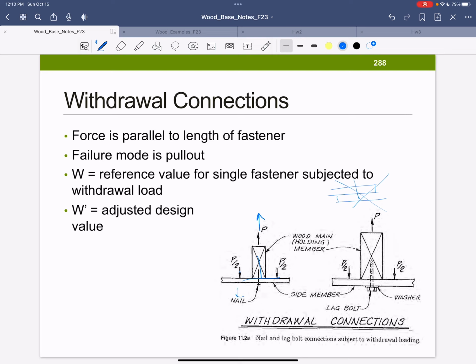So we're directly pulling this connection out instead of the shear piece. So the controlling case is this pull out of the fastener. The force is parallel to the length of the fastener. In this case, instead of Z, we're looking at W, the withdrawal load, and the adjusted design value, W prime.